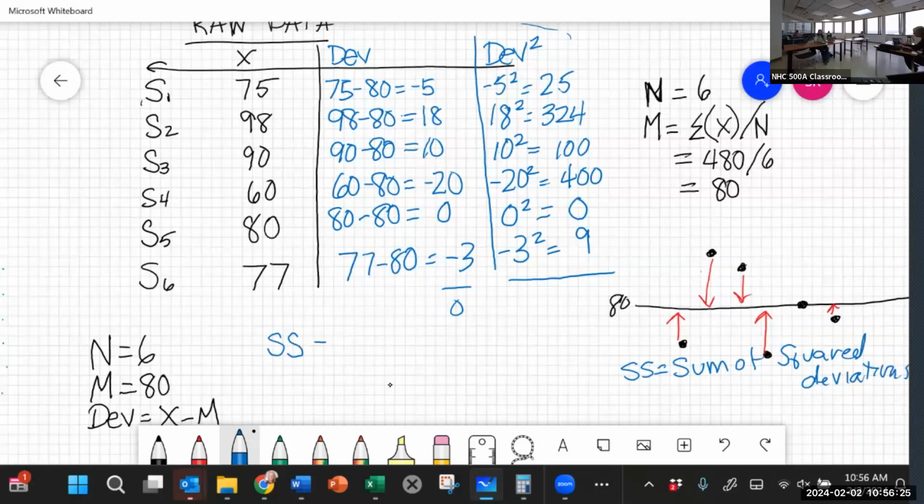All right. And the SS, let's write it in our new language, is the sum of our deviations, that's x minus M squared, the sum of our squared deviations. So we're going to add up this column in essence.